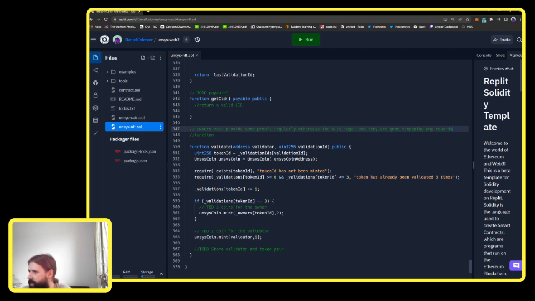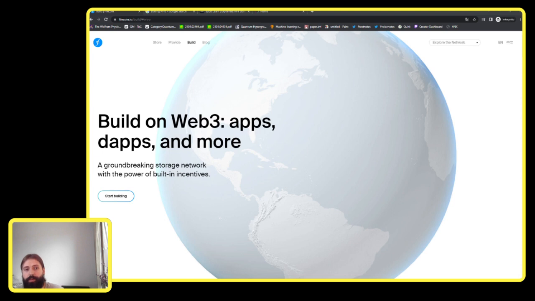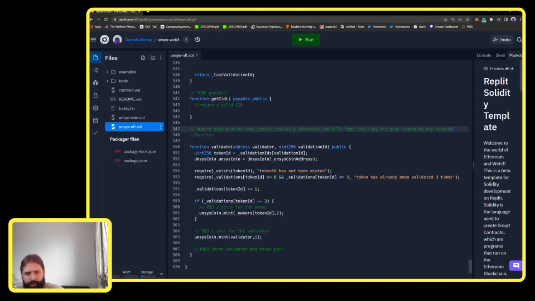You still probably need validators. The problem is you still need someone who catches the fact that it's not a proper video, that it's a cat video, right? I have to think about this a bit more. But the idea for the owners, I got inspired by the way Filecoin works, where they regularly have to provide some proof of space-time storage, something that shows their contract is still something they fulfill.